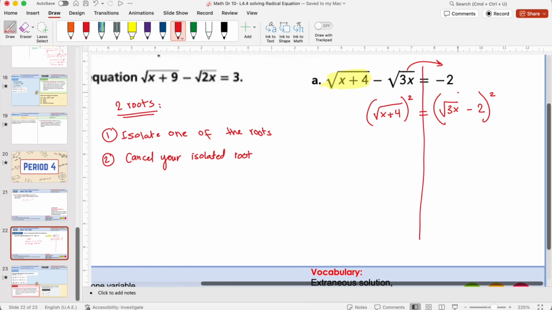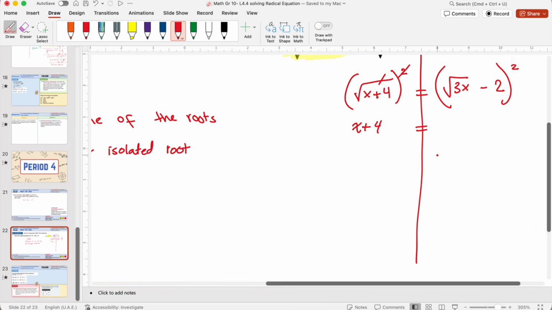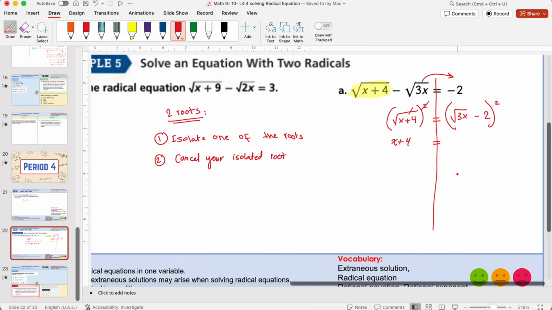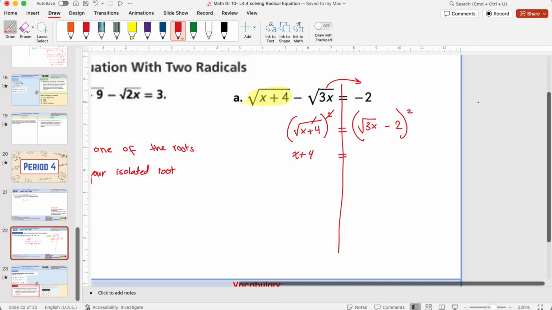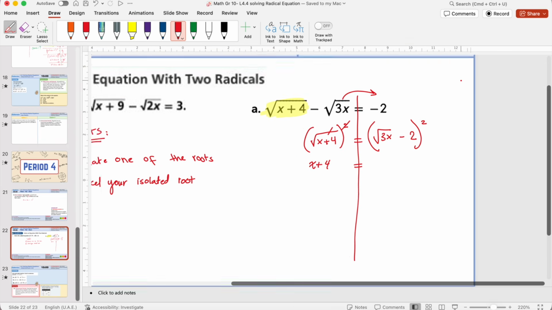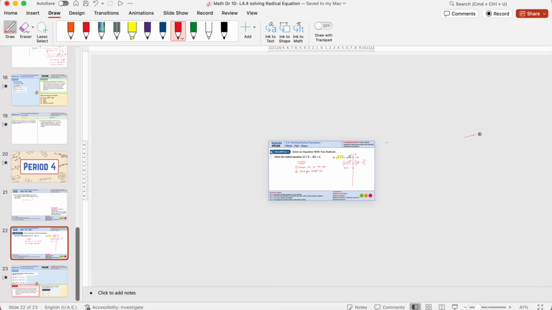And don't square only this one. Square the right side and square the left side. This side, the root will get cancelled. X plus 4, easy. Now this side, how do we do that? I would say, please, take it on the side and work with it. Just take it on the side. Don't do everything all together.